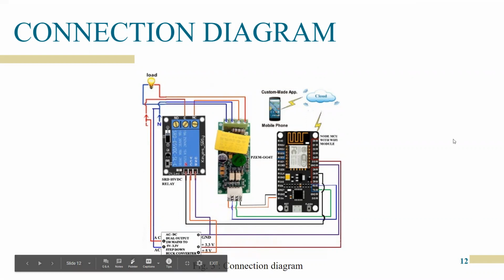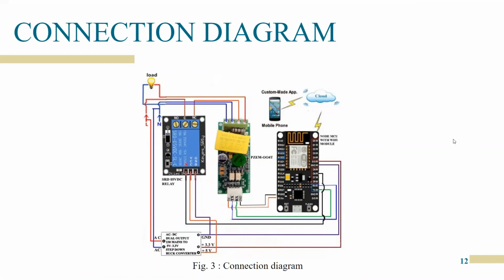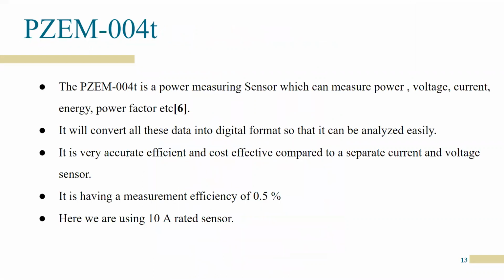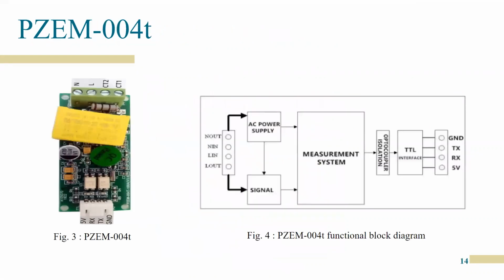Now we can have a look at the PZDM0040 power sensor. We have a figure on the slide, where the physical figure is given as well as the functional block diagram.